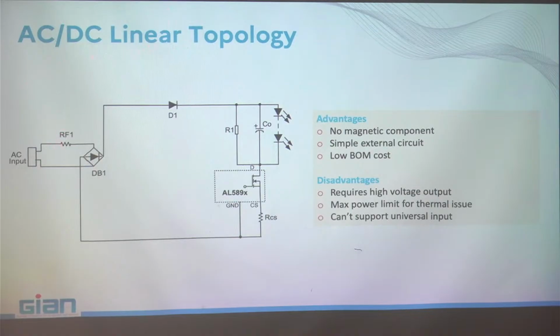And AC DC linear topology is very simple. No magnetic components, simple external circuit, that means low cost. Disadvantages: it requires high voltage output, maximum power is limited by thermal issues, and it cannot support universal voltage.